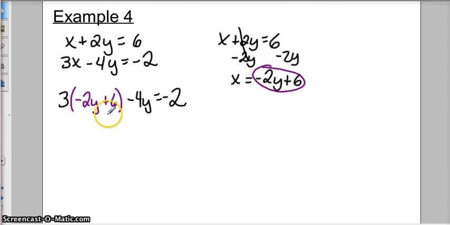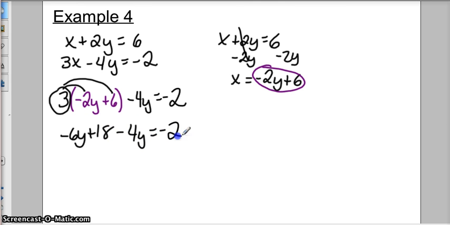Okay? And notice that there's only y's left, so I'm going to solve for y. So I'm going to distribute my 3 out to both of those terms. So we have negative 6y plus 18. I'm going to bring down my minus 4y, and my equals negative 2. I need to combine like terms, so combine my negative 6y and negative 4y, gives me negative 10y.